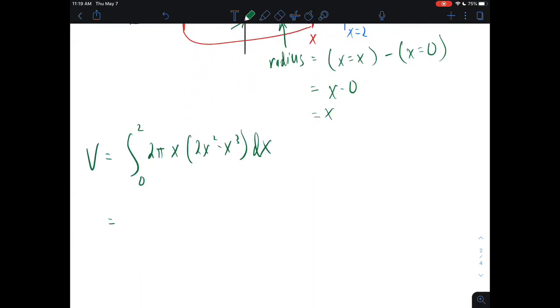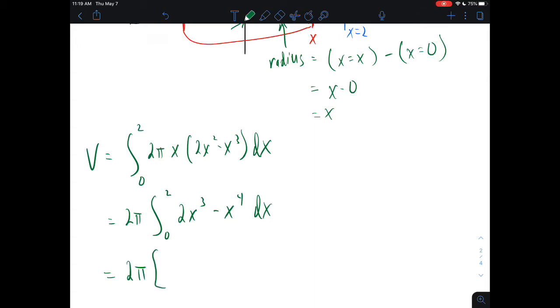I'm going to factor out my constant 2 pi. If I have x times a polynomial, I should actually distribute that. We don't want to use the substitution method. That would be overly complicated. But distributing the x to 2x squared minus x cubed gives me 2x cubed minus x to the fourth dx.